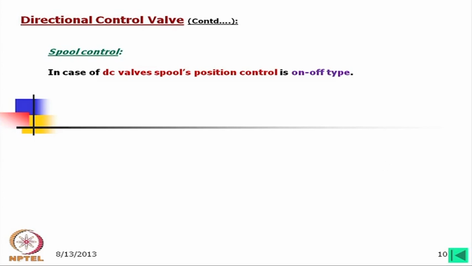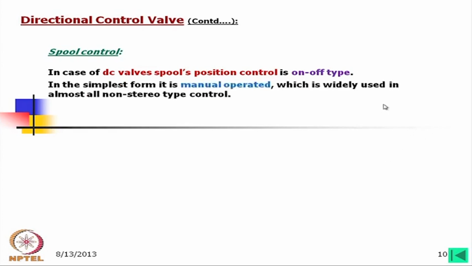But in case of servo valve, the same port will be designed very accurately to control the flow. Anyway, we will come later when we study the servo valve.